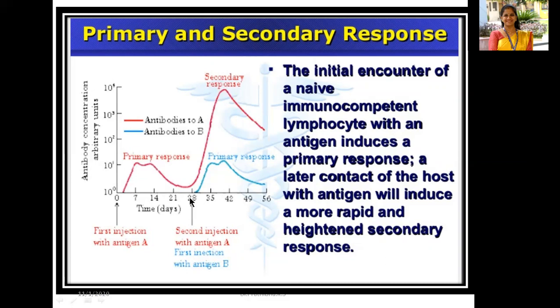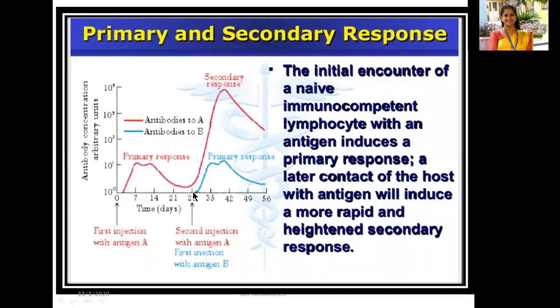When memory cells encounter the same antigen for the second time, they will start producing immunoglobulin G at a very rapid rate, and we get the highest curve, known as the secondary immune response. So through this graphic representation, you must understand primary immune response IgM and secondary immune response IgG.